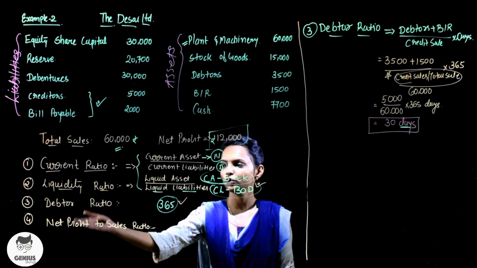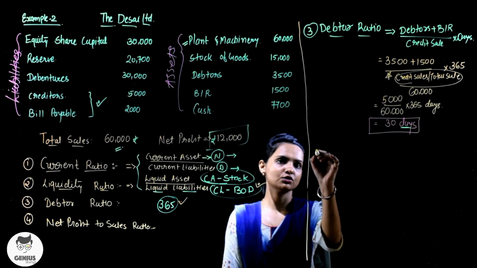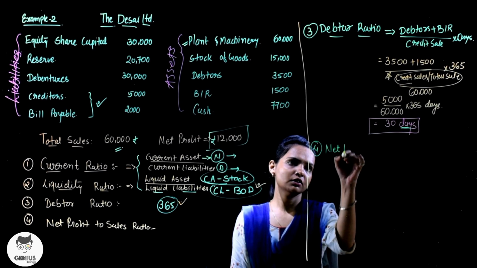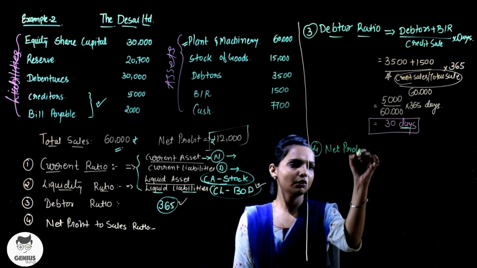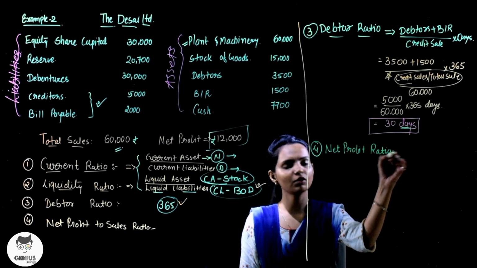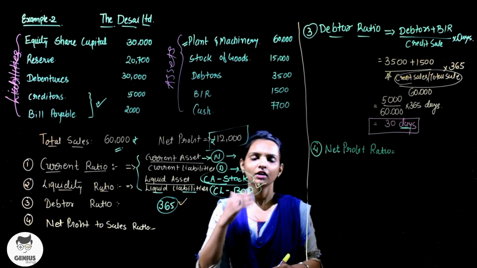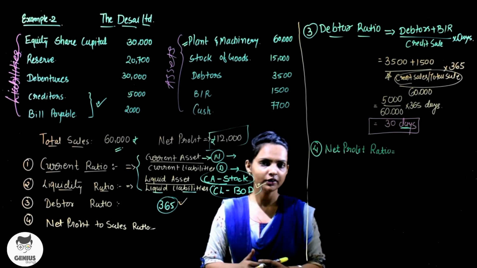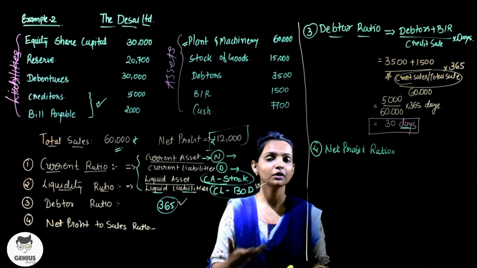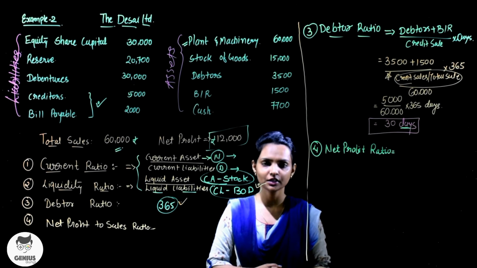Now we are going to discuss our fourth ratio, net profit ratio. What is the formula of net profit? When you are calculating any profitability ratio, your answer will be in percentage, because it gives us a percentage form.